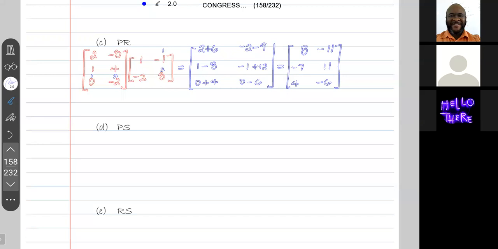All right, so next we are going to multiply P by S. This is 2 minus 3, 1, 4, 0 minus 2. This is P multiplied by S, which is 2, 5.